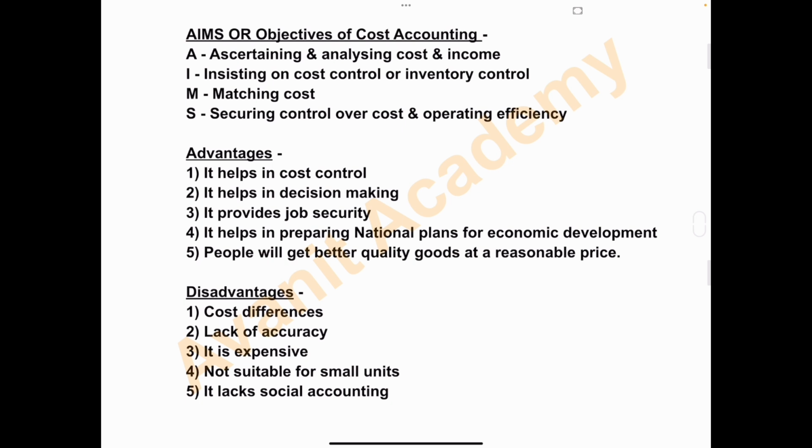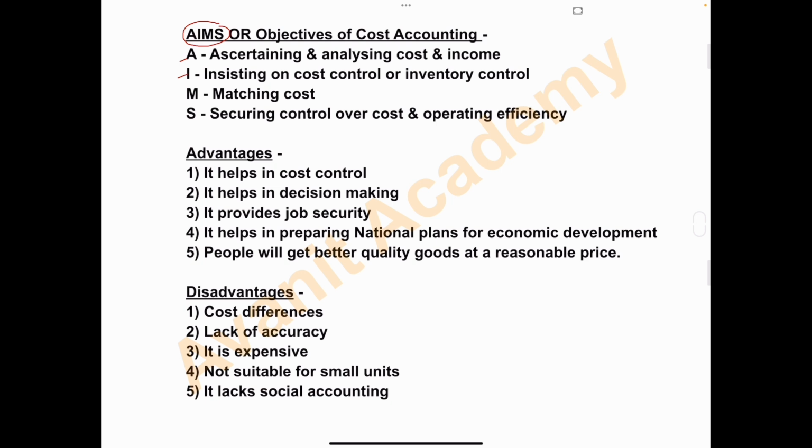Next is aims or objectives of cost accounting. So this word AIMS, 4 letters, represents the aims or the objectives of cost accounting. First is A, that is ascertaining and analyzing the cost and income. The most important objective of cost accounting is to ascertain and analyze the cost and income of a manufacturing unit.